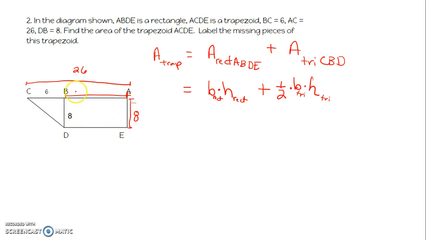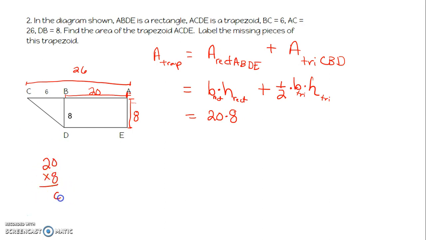So to find AB, I know AC is 26, BC is 6, so AB must be what plus 6 gives me 26? Oh, 20. All right, so now I know the base of my rectangle is 20 times the height of my rectangle is 8. So for the area of my rectangle, I just do 20 times 8.